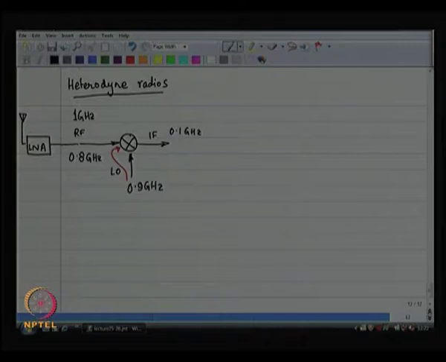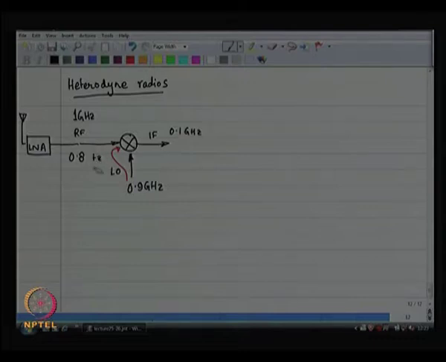If there exists a signal which the antenna picks up, a large signal, maybe your friend is talking to his friend at 0.8 gigahertz, right. That signal will also couple in and it will fall exactly at 0.1 gigahertz. Now, this is a problem because the blocker is falling on top of your signal, can't let that happen.